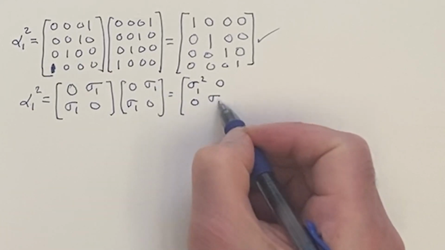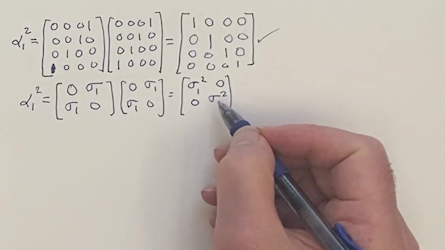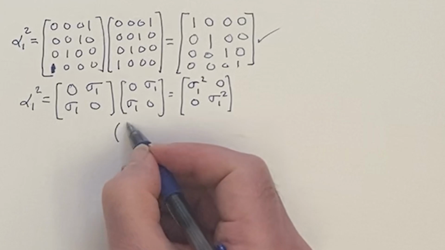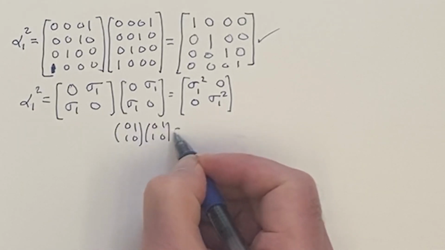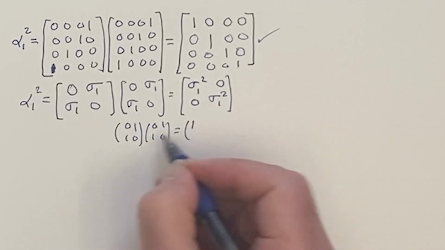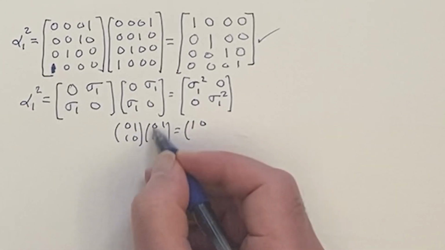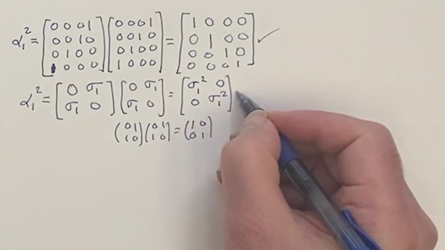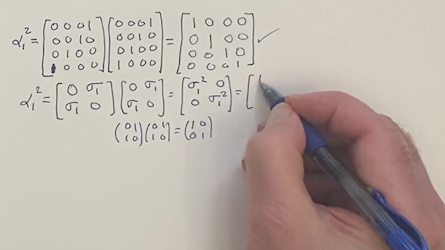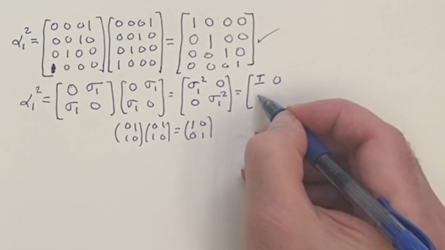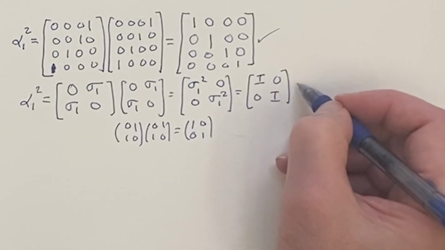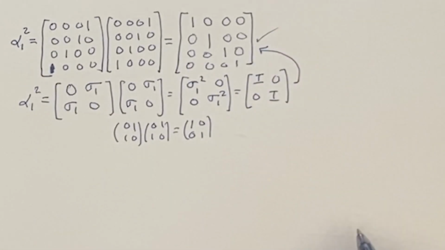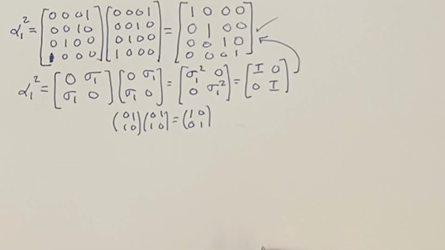And here, I would get sigma 1 squared. But if you take the Pauli matrix, the sigma 1, well, we already have done this. I'll do it again. Then take that sideways 1, take that sideways 0. Yeah, you get the identity. So you get the identity here, there, and there. And that would mean you have this. All right? So that works.